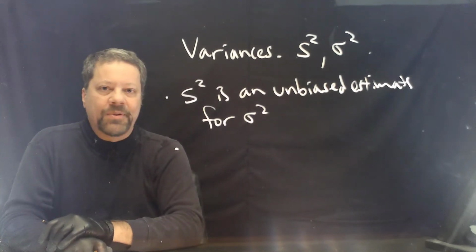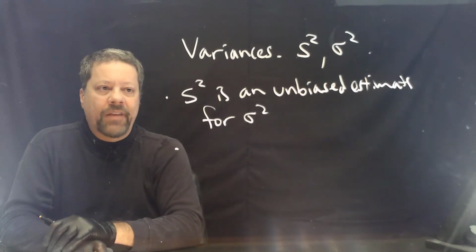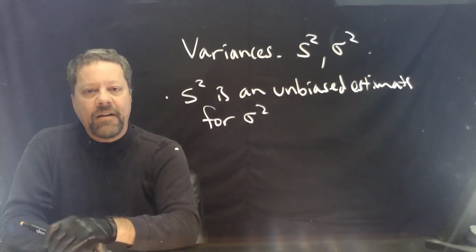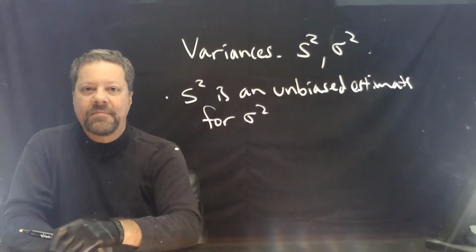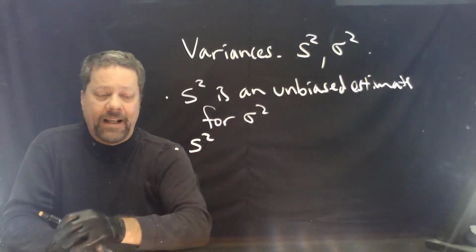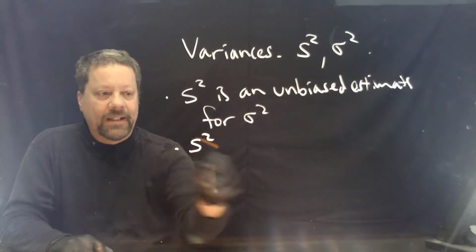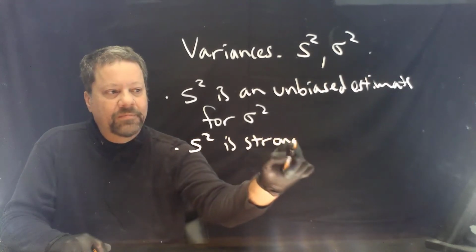Remember, the sample standard deviation was a biased estimator for the population standard deviation, but here the sample variance is an unbiased estimator for the population variance. If S was influenced by outliers, S squared will be even more strongly influenced by outliers.